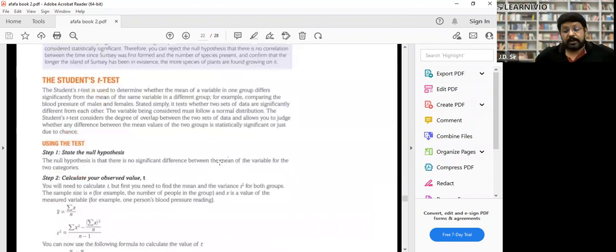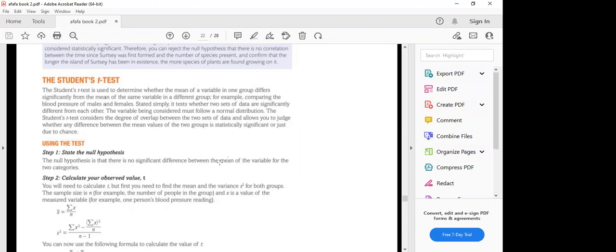Now come to another student, another boring concept. Student t test, right? The student t test is used to determine whether the mean of the variable in one group differs significantly from the mean of the same variable in a different group. Got it or not? No. There are two teams.